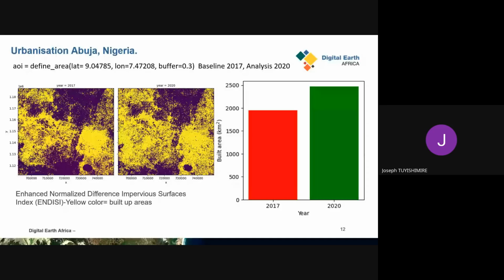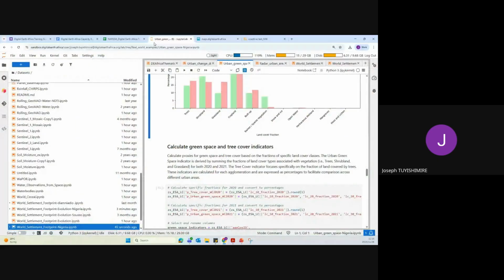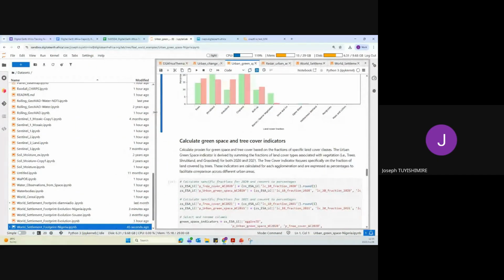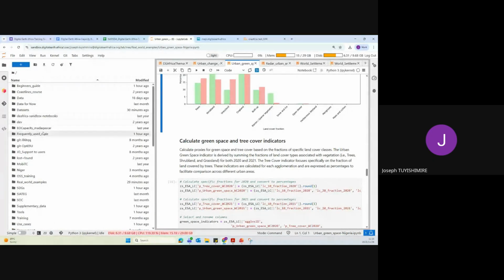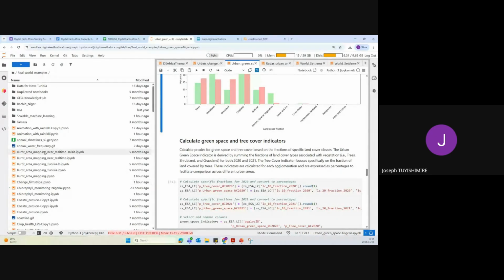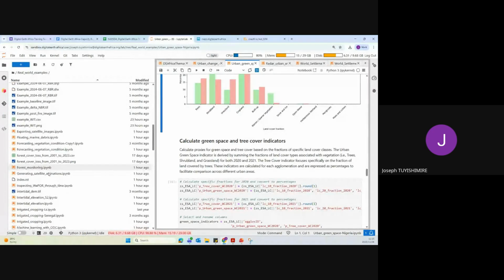Oh, great. Thank you. So if I go back to our sandbox once again, you go once again to the real world examples. There is a notebook called Urban Change Detection.